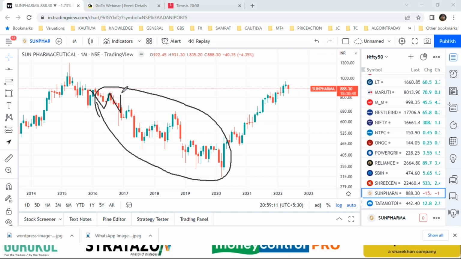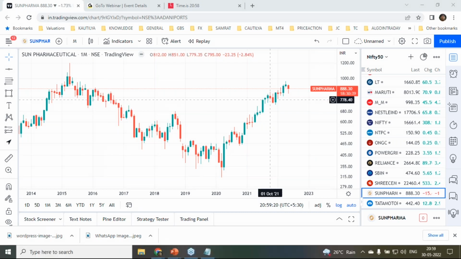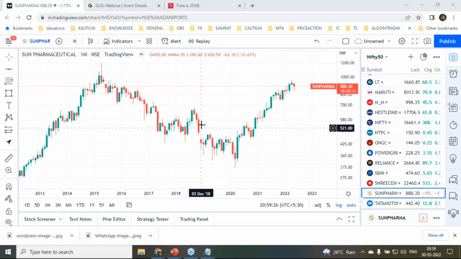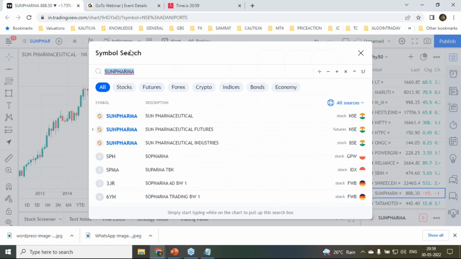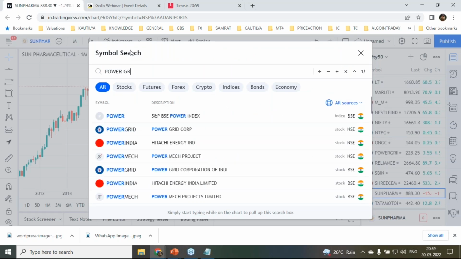Any zigzag is a golden opportunity. And if you start finding compression, too many compression, keep watching how price reacts there. Many times it will have a smooth move. Generally, I use this compression particularly for taking longer targets.